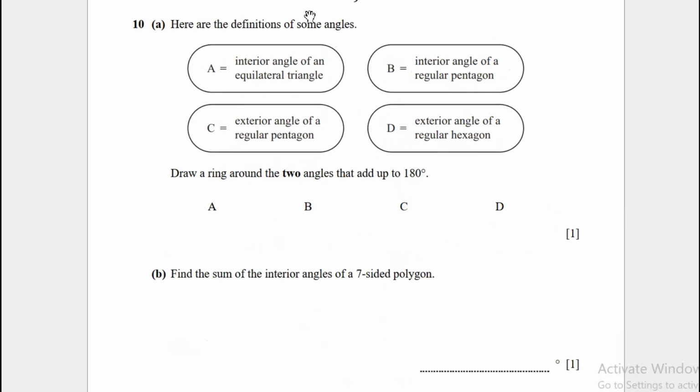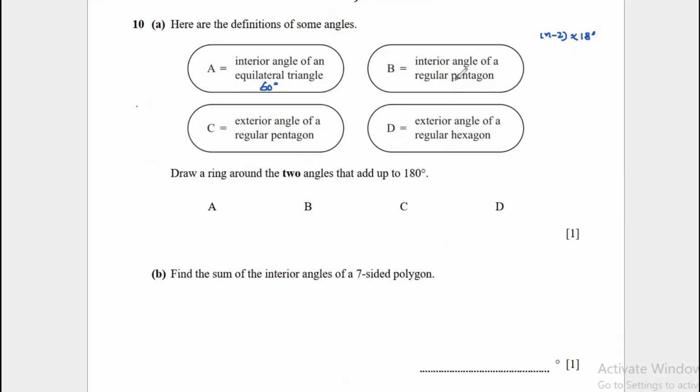Next, question number 10. In question number 10, we will talk about angles. And remember here our definition of some angles. So, interior angle of an equilateral triangle. We know each angle of an equilateral triangle is 60 degrees. And interior angle of a regular pentagon: remember this rule will help you. Sum of interior angles of any polygon, that rule is n minus 2 multiplied by 180.